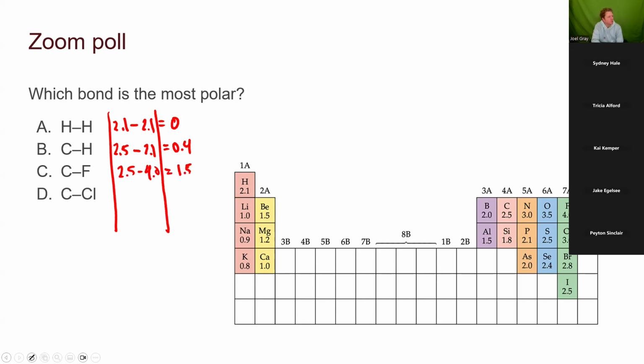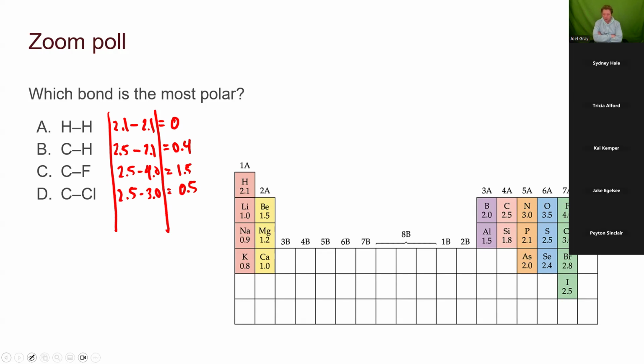And then carbon-chlorine is 2.5 minus 3.0 equals 0.5. Okay, now add to the chat. Boston, perfect. What we're looking for in this question is the difference, and which one of those differences is the greatest.